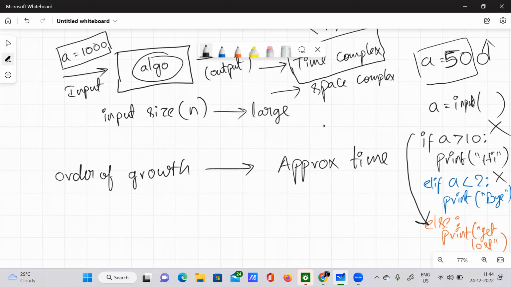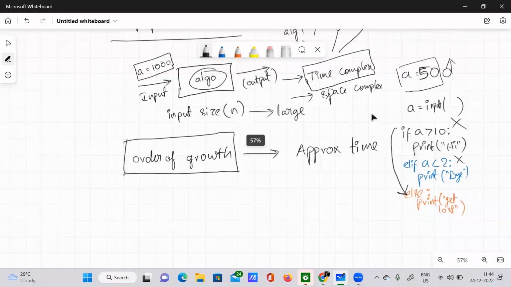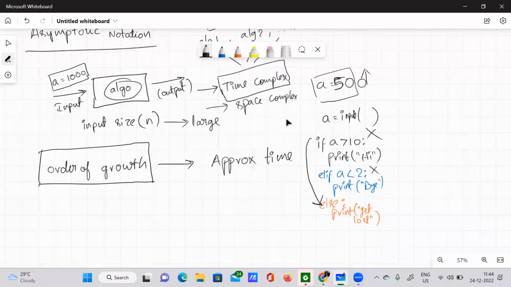If the input size is increasing, then this approximate time, that is the order of growth, will play a crucial role while analyzing an algorithm, right? So this order of growth ignores the constant factor needed for the fixed operations, and focuses only on the operations that are proportional to the input size. I'll explain what this particular statement means. Okay.